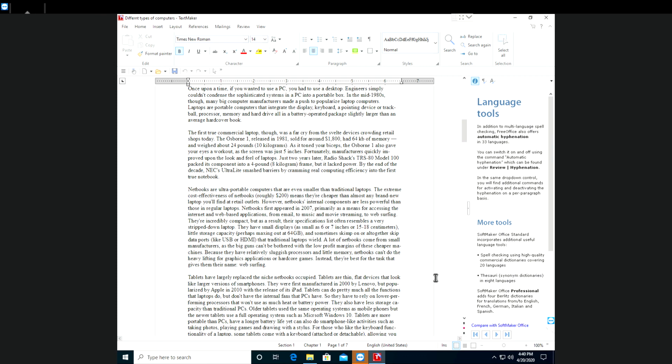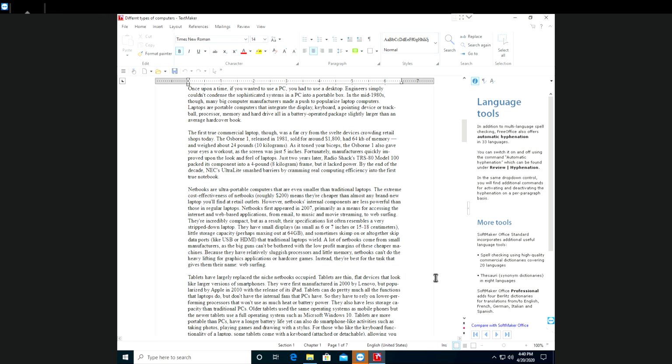That's incredibly compact, but as a result, their specifications list often resembles a very stripped down laptop. They have small displays, as small as 6 or 7 inches, or 15 to 18 centimeters, little storage capacity, perhaps maxing out at 64 gigabytes, and sometimes skimp on or altogether skip data ports like USB or HDMI that traditional laptops wield.